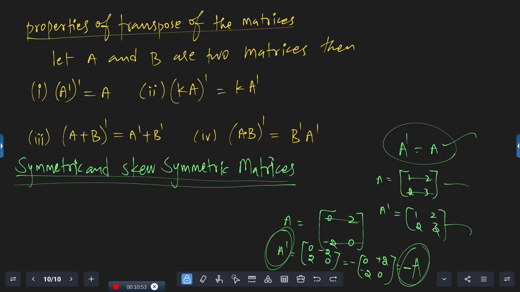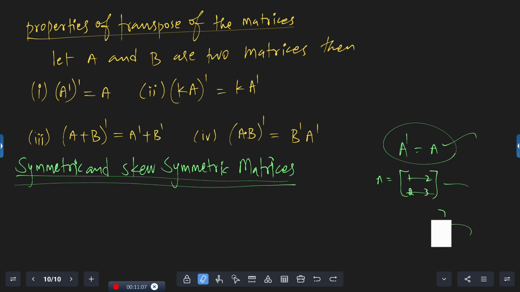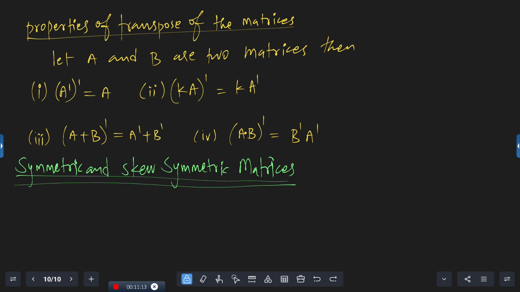For a skew symmetric matrix, you can note down that the diagonal elements must be 0. Have you noticed it? Diagonal elements will be 0, and when you take the transpose you will get minus A. But for symmetric, you will get the matrix as it is. Now I am going to write the definition. Just write what I am writing.